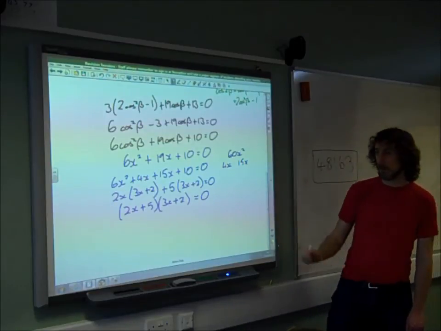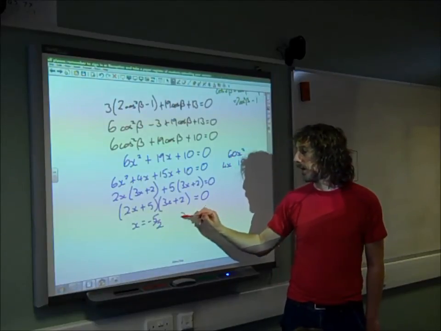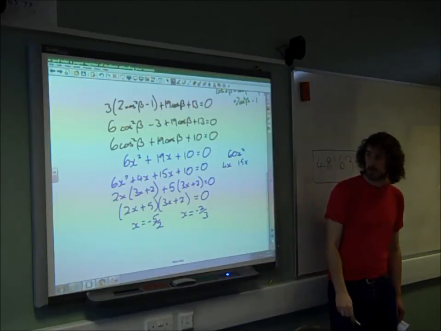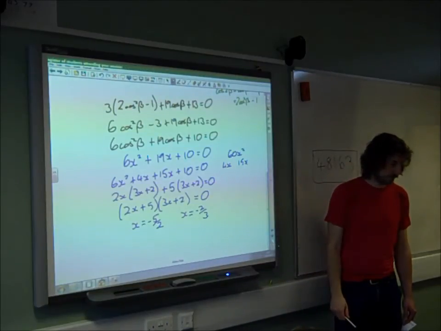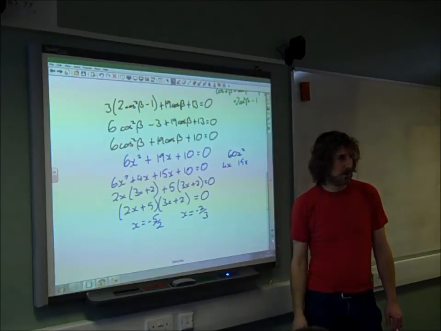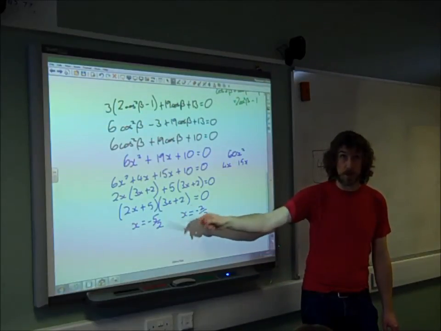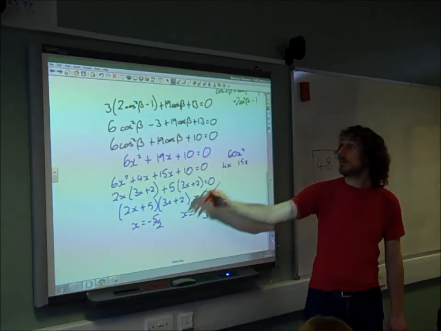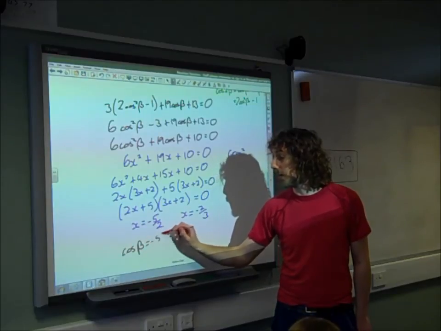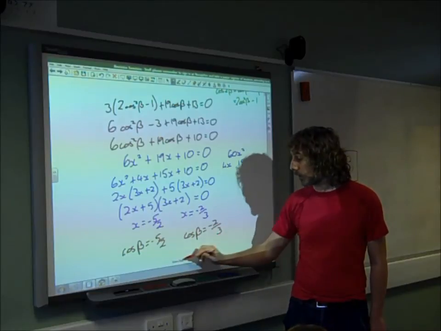Okay, giving us x is minus 5 over 2 and x is minus 2/3. I do like this whole factorising method. It's neat, isn't it? And then we go there. So we now, this was, of course, it wasn't about x, it was about cos beta. So cos beta, go back to where we started, is minus 5 over 2, and cos beta is minus 2 over 3.